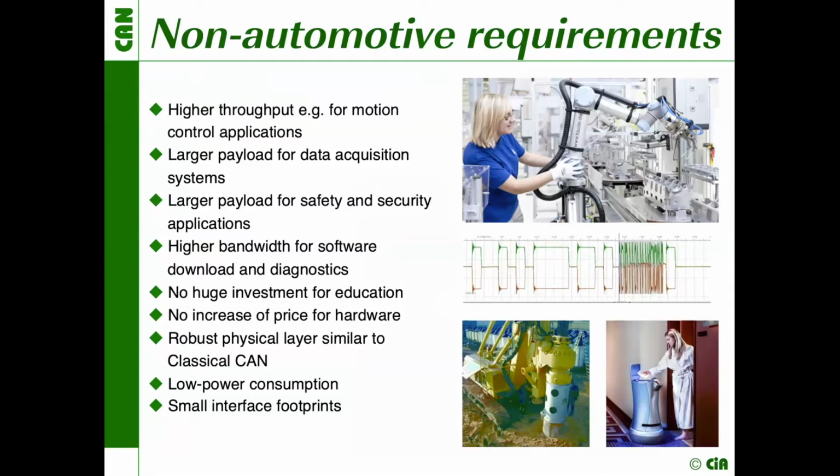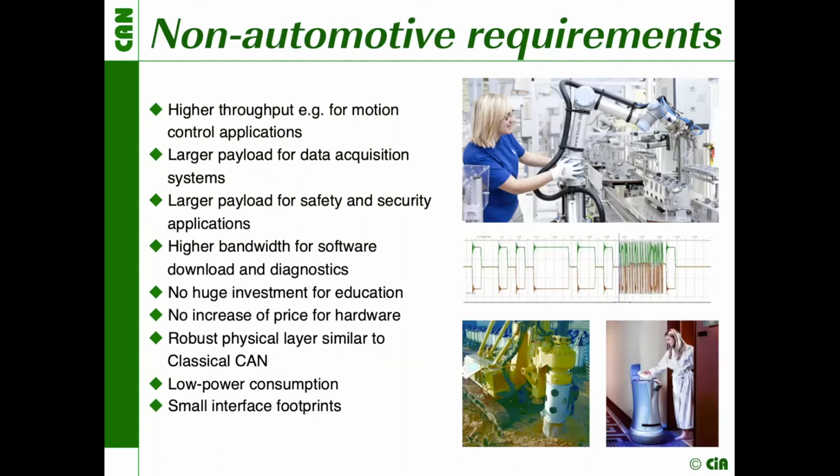Because in motion control applications, especially where I have more drives like X, Y, Z controls, with classical CAN, I have a synchronization problem. I have to send commands one after another and have then to synchronize on something.